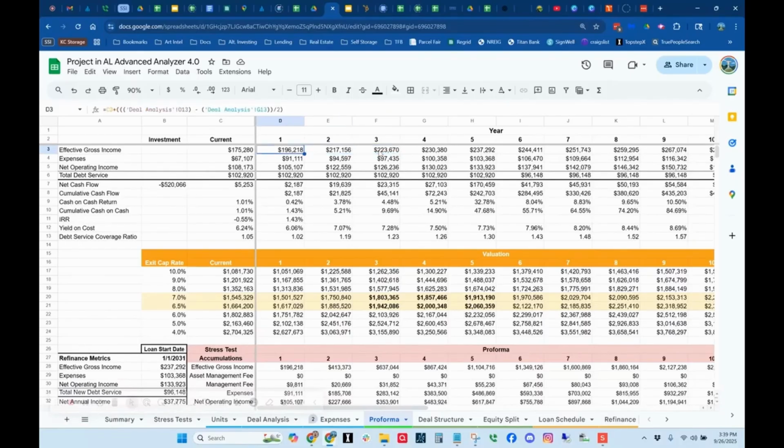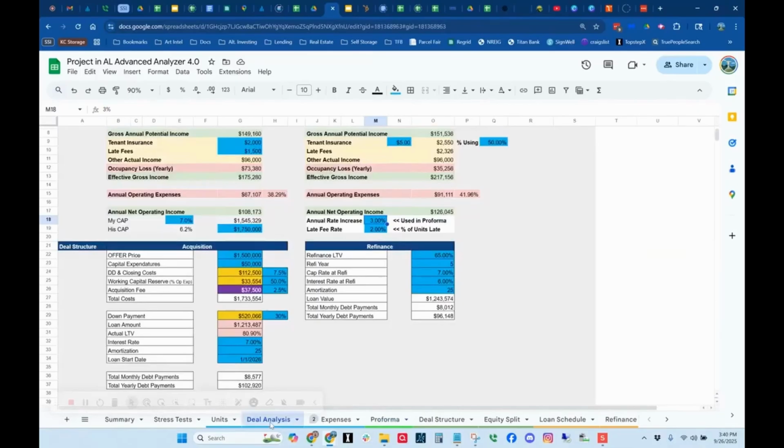The reason we do that is that's going to allow us year 1 and year 2 to get it stabilized. The numbers in year 2 are used as the stabilization numbers, and then your pro forma will take place after starting in year 3. So on the deal analysis page, we say there's going to be a rate increase of 3%.